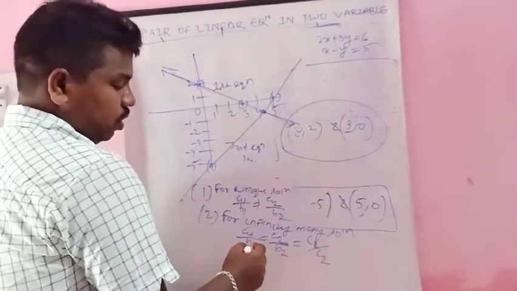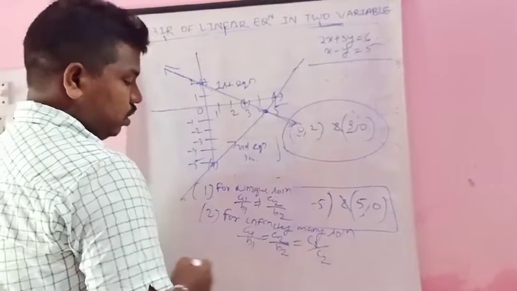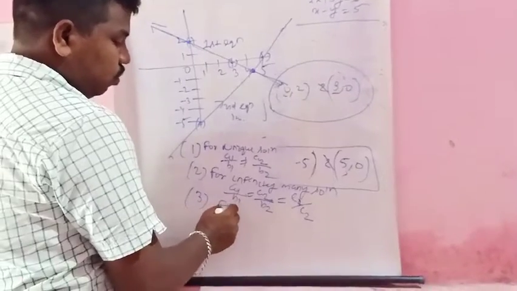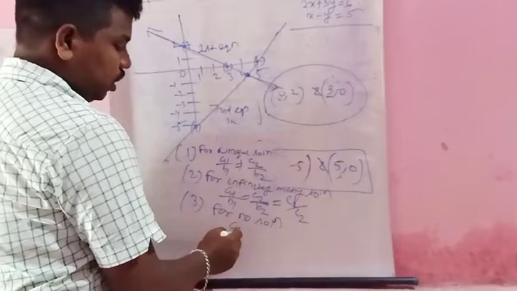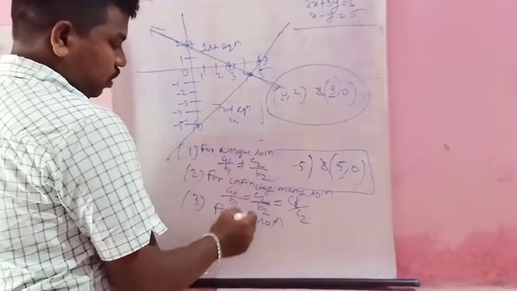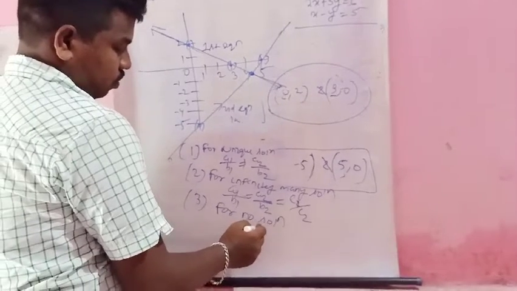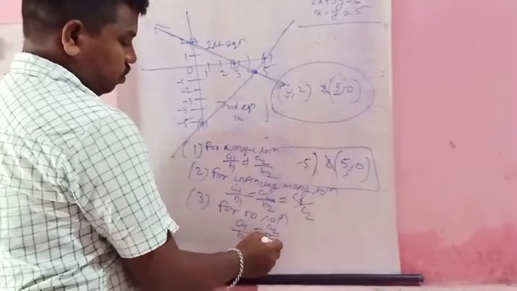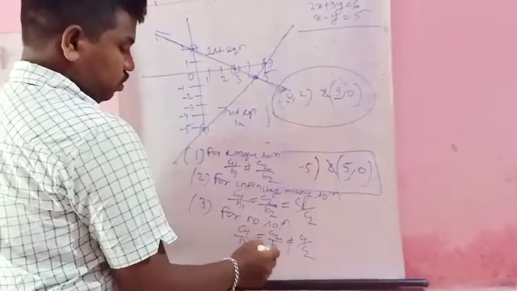Third, for no solution, the condition is a1 by b1 equal to a2 by b2 not equal to c1 by c2.